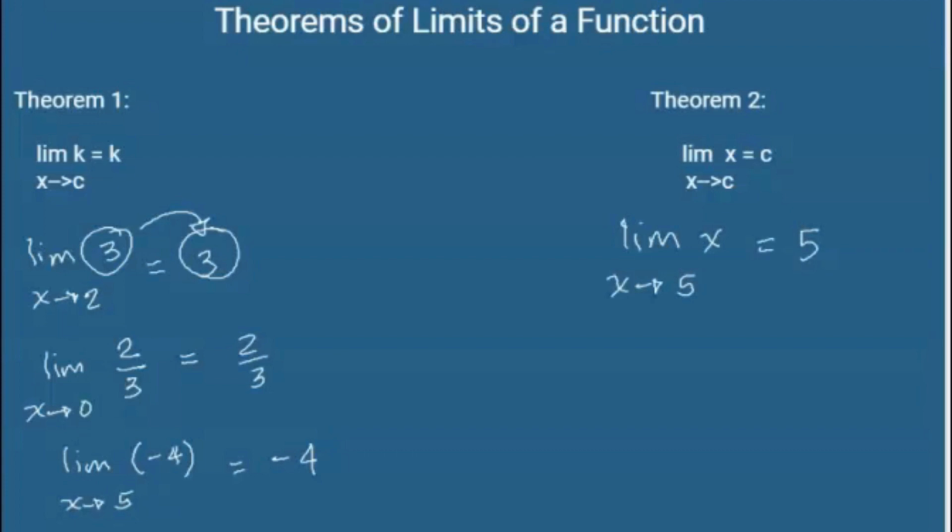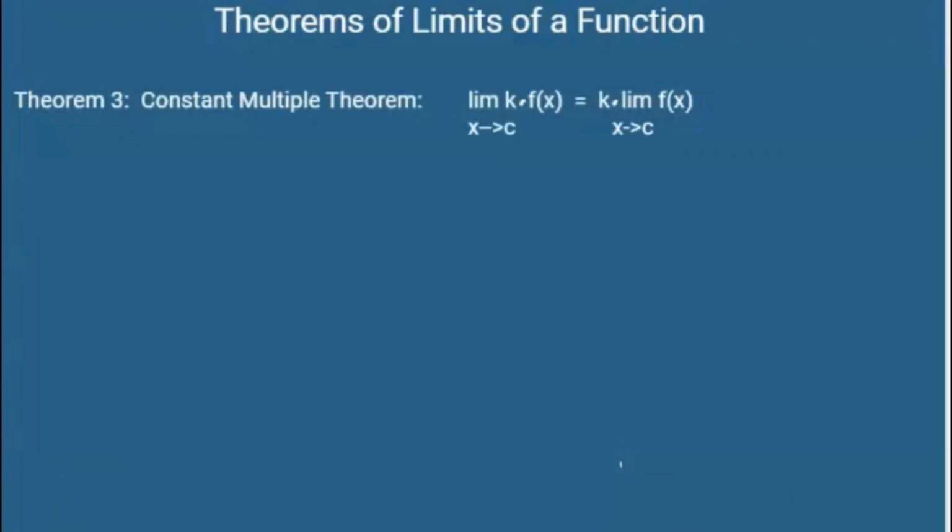So the limit of x as it approaches c, which is 5, is 5. Another example, the limit of x as x approaches -2 is equal to -2. And also another example, the limit of x as x approaches 1/2 is equal to 1/2. So that's Theorem number 2.